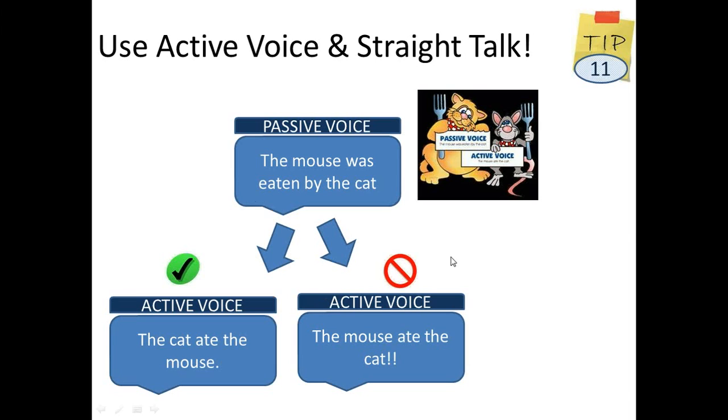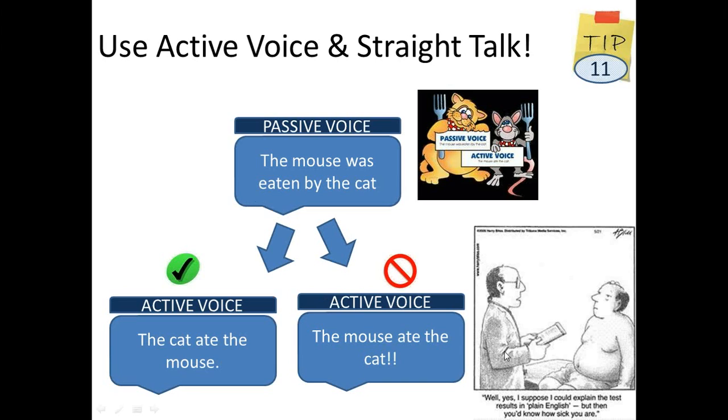Let me show you a cartoon which I picked up. Here is a doctor who is explaining to the patient, "Well, yes, I suppose I could give you test results in plain English, but then you would know how sick you are." Very clear. You've got to do straight talk. If you do something in plain English, it's very easy for people to understand, even if it is a very difficult topic like a medical problem.